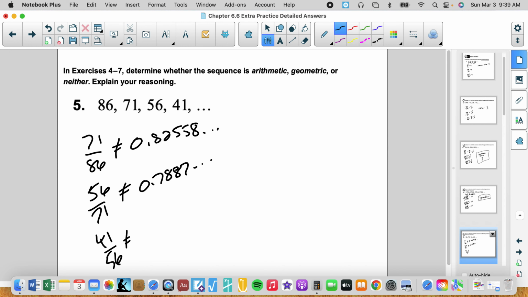These aren't the same, so it's not geometric. I only have to show it with two ratios.